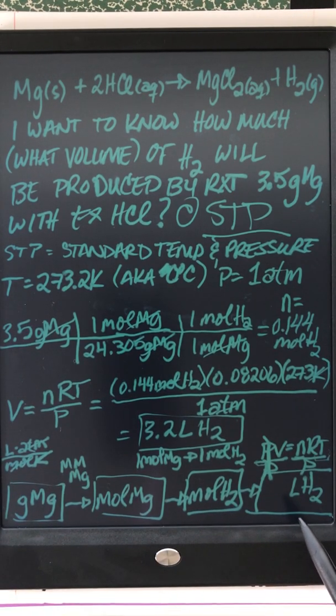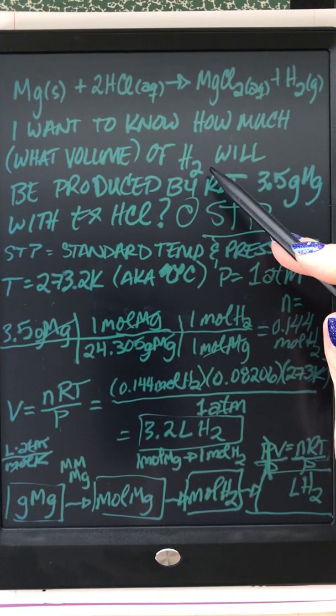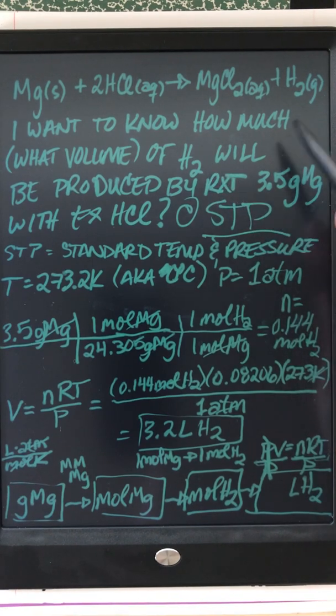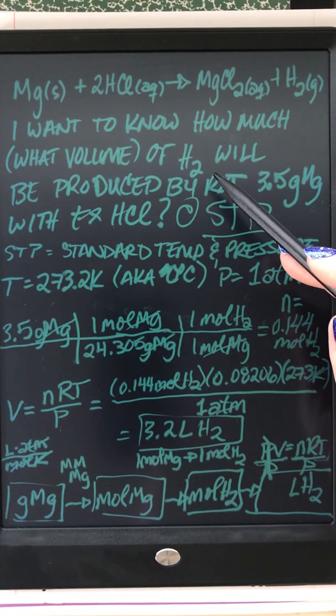I feel like this might be a dumb question. No, not at all. When we're reading a question, how do we know that it's gas stoichiometry versus just regular stoichiometry? What makes it gas? If we're looking for a volume of a gas, which H2 in this case is, then we should be thinking PV equals nRT.